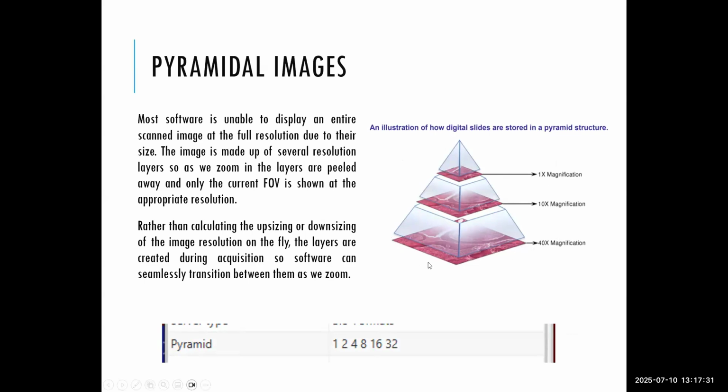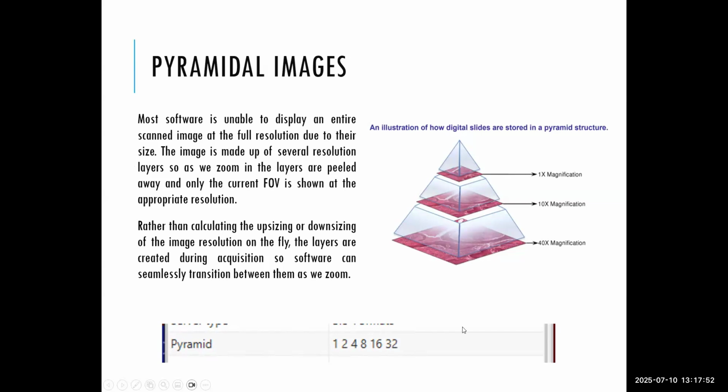So you might have imaged the original data at 40 times. Then the next layer up will usually be a quarter of that, then a quarter of that, and then a quarter of that, and so on. If you look at the metadata, you can actually see the pyramid: one would be the full resolution, then you've got half, quarter, 1/8, 1/16, 1/32.